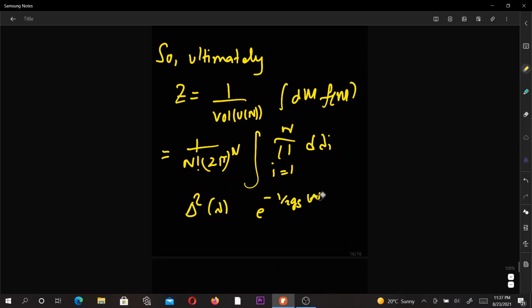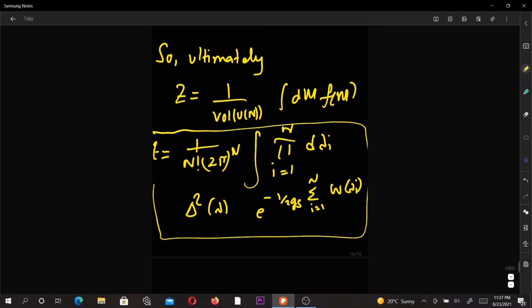You can write it as a sum over w if we had a w of M here, so the sum will be over the eigenvalues 1 to n, w of lambda i. So our job will be to solve this, and if we can find a method for any general w, we have solved the matrix model.